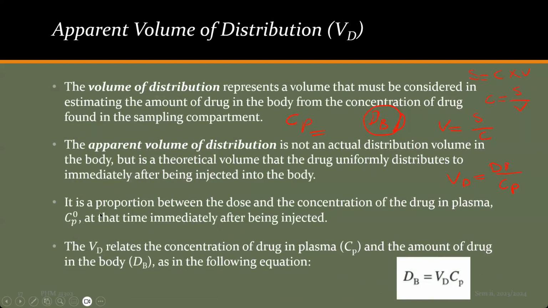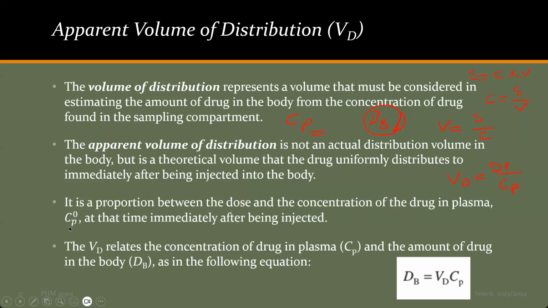So now how to determine it experimentally? At what time can you know definitely how much the amount of drug in the body is? If you give drug by intravenous route, it is at Cp0 at time 0, immediately after being injected. So how to calculate volume of distribution?